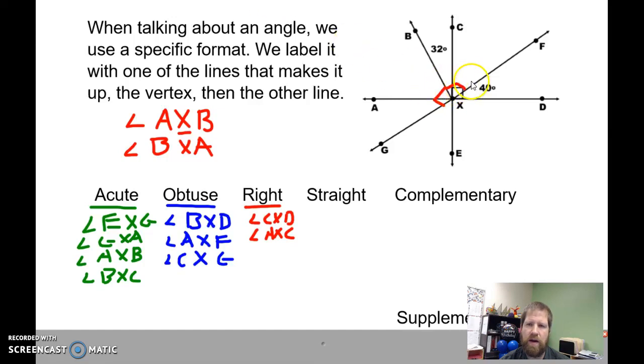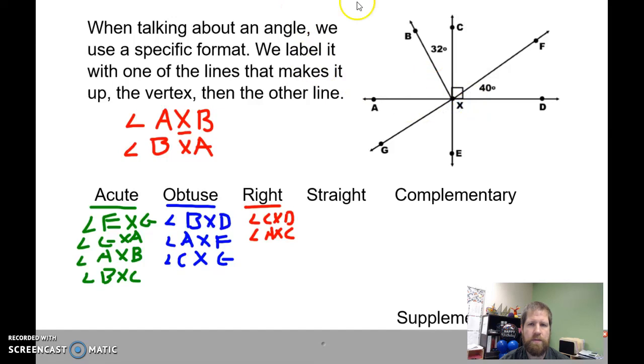Either of those might be right angles, but until and unless we figure out the exact measurement, we can't say that they're right angles, okay? We can say this is a right angle because CXD is a right angle, okay? So these are perpendicular lines, and this is a right angle, so this will be a right angle, this will be a right angle, and this will be a right angle.